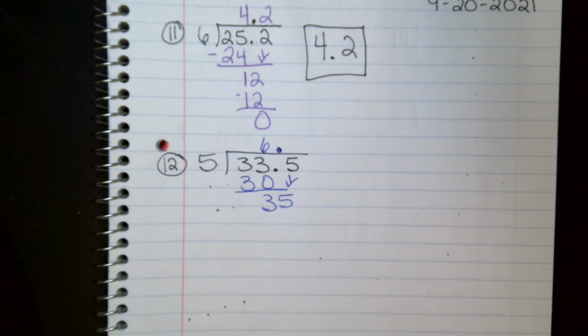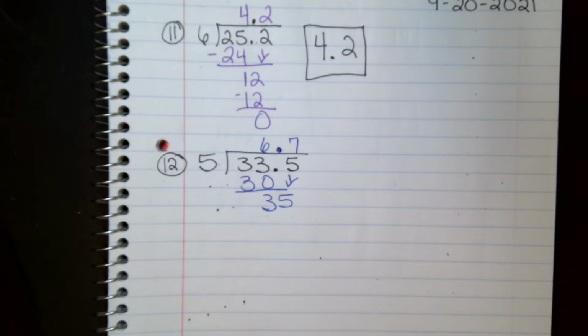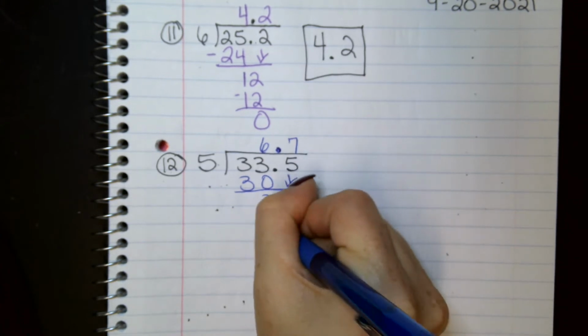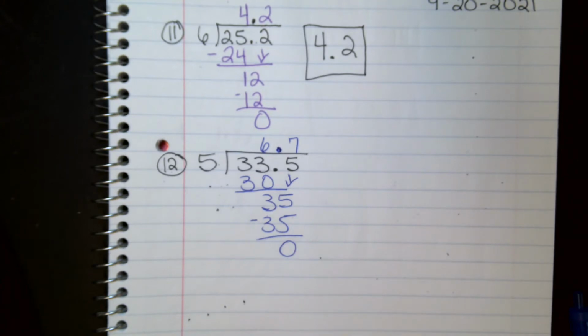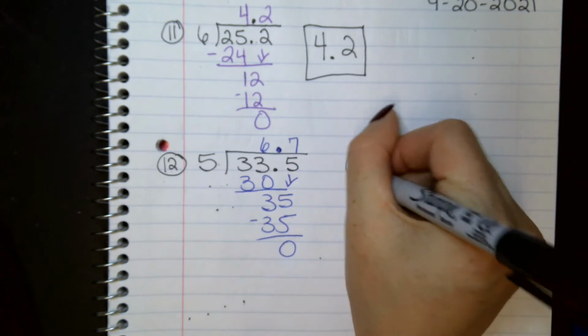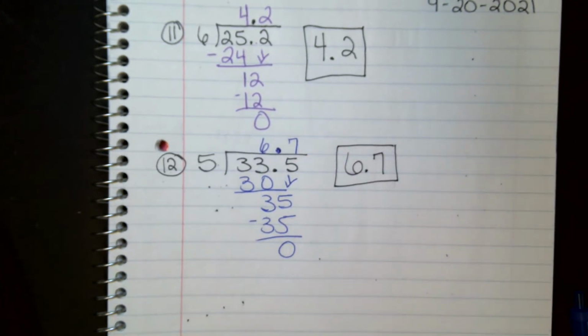Five goes into 35 how many times? 7. And 7 times 5 is what? Awesome. So what is our answer? Awesome.